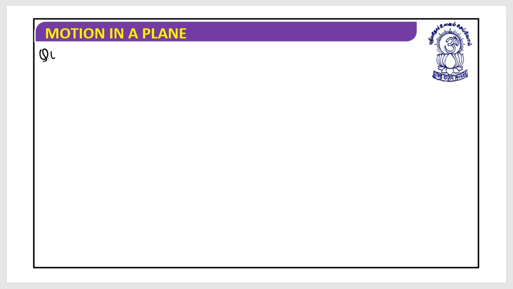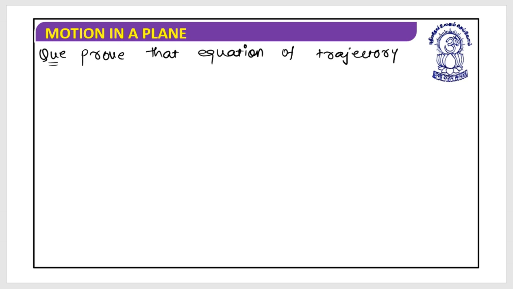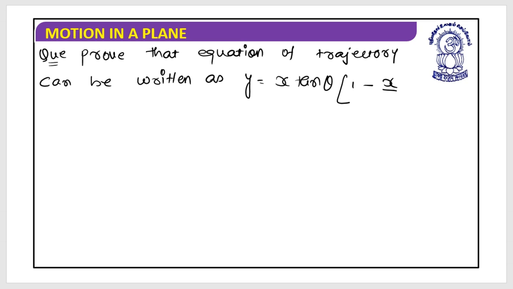The question is: prove that the equation of trajectory can be written as y equals x tan theta into bracket 1 minus x by R. You know all the symbols.